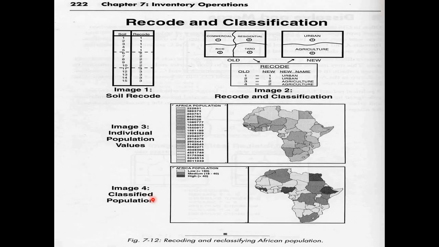And the most important is the recoding. Recoding operation is very important in GIS, as we can identify the earth feature with help of the codes. For example, the code number 1 is for urban and code number 2 is for agriculture. Then we can merge all the urban areas.